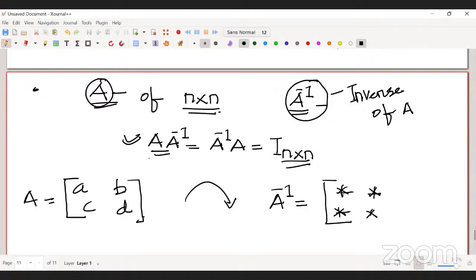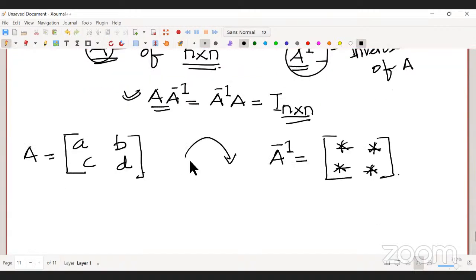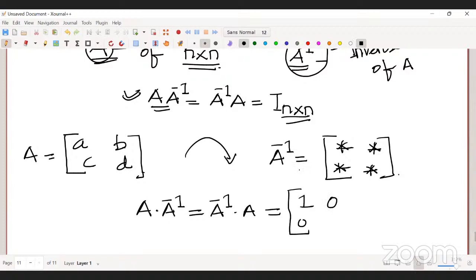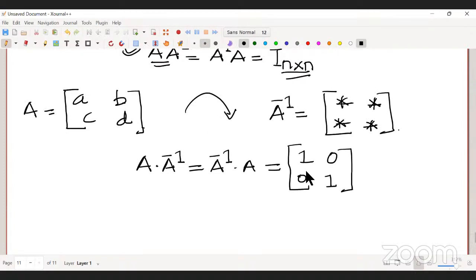You will see how to find A inverse, but for now, think of A inverse as a matrix such that if I multiply A times A inverse, and if I multiply A inverse times A, I will get the identity matrix of order n. Okay. That is basically the inverse matrix. So the inverse matrix is a matrix which satisfies this condition.